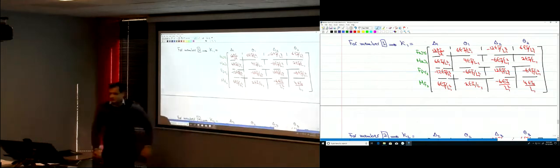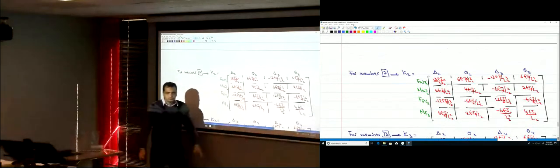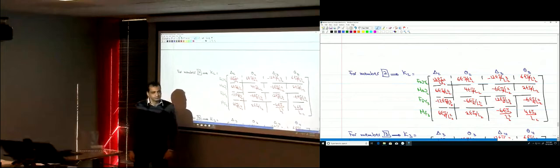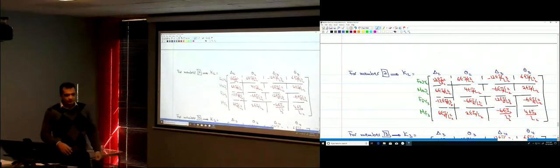No contribution from this matrix. M1 to theta 3. There is theta 3, but there is no M1 here. No relation between M1 and theta 3 from this member. Okay?